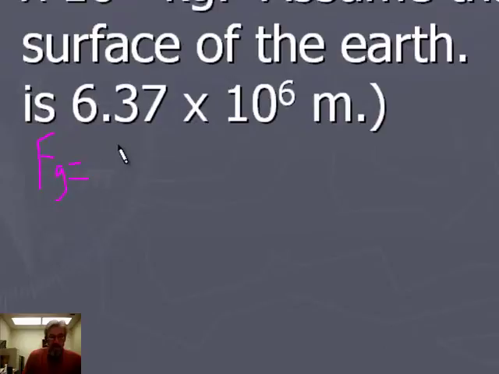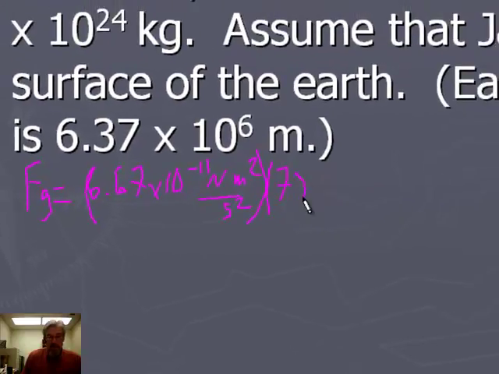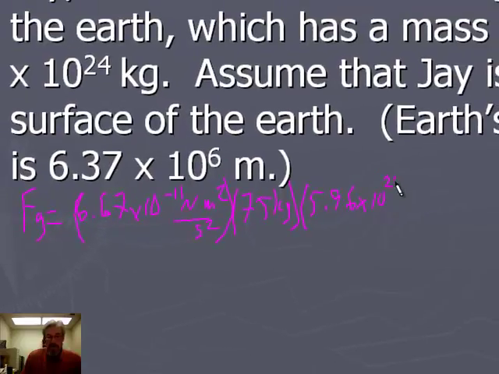The force due to gravity is G again, 6.67 times 10 to the negative 11th newton meters squared per kilogram squared, multiplied by the mass of J, which was 75 kilograms, multiplied by the mass of the Earth, 5.96 times 10 to the 24th kilograms, as it was in the last problem, divided by the square of the distance between them.